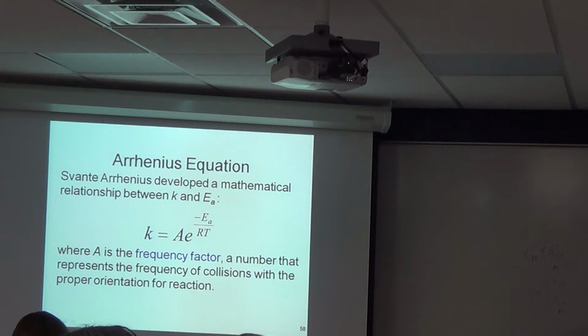So this is the equation. Then Arrhenius combined that equation into this equation for k. Now this k is our rate constant.